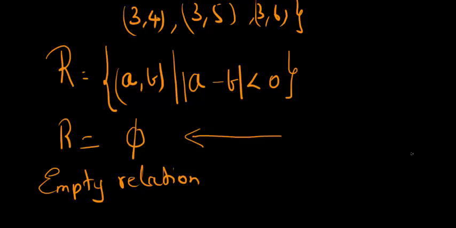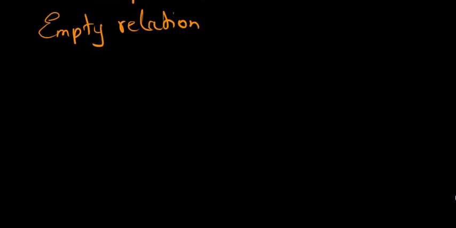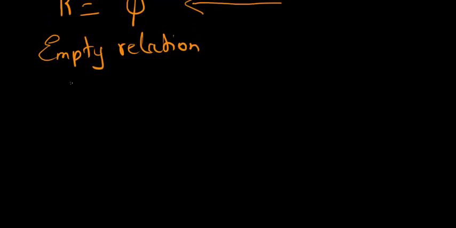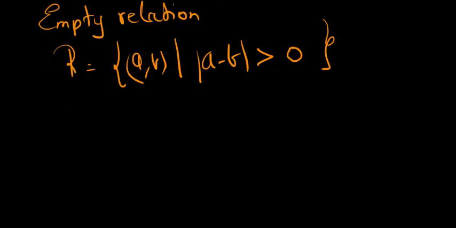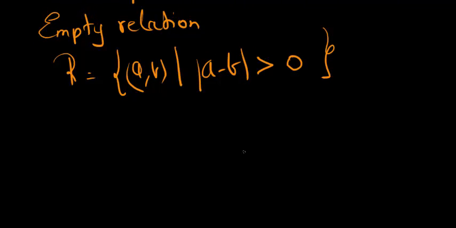Okay, now let's look at another relation. Let me define a relationship R. I'm going to pick up ordered pairs (a, b) such that the modulus of the difference between the two numbers is greater than 0, where a belongs to capital A and b belongs to capital B. Now let's see what ordered pairs satisfy this condition.